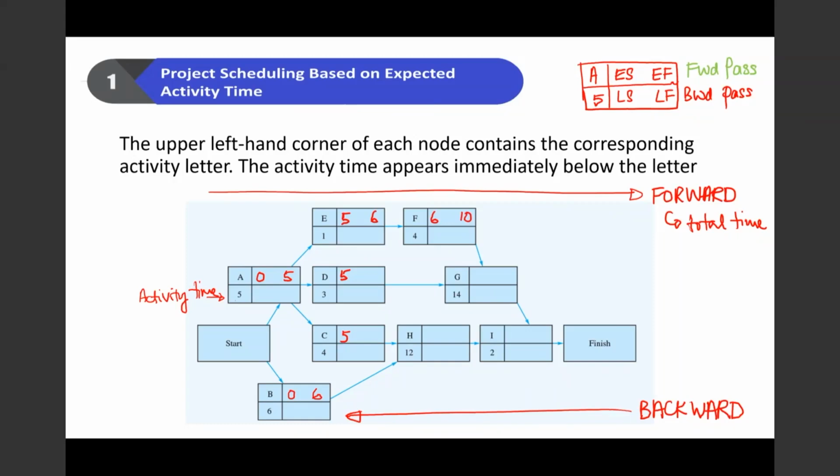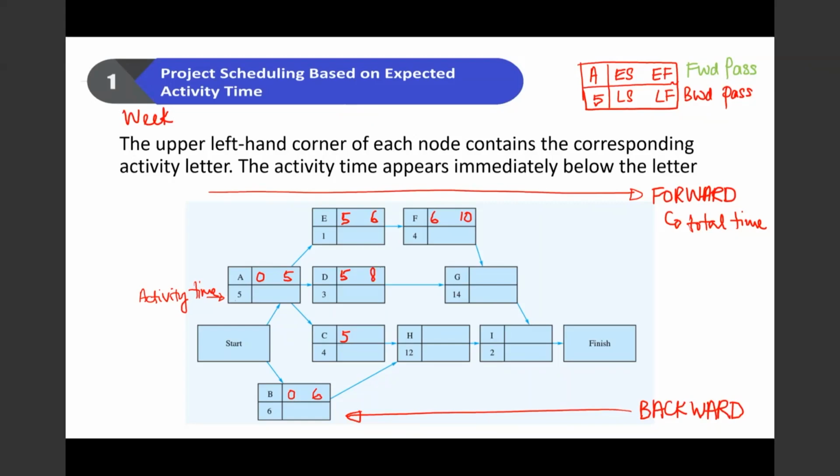Activity D starts at week, let's say, I'm just going to make it easy and say this is in weeks. Activity D starts at week 5. It takes 3 weeks to complete, so it completes in week 8.